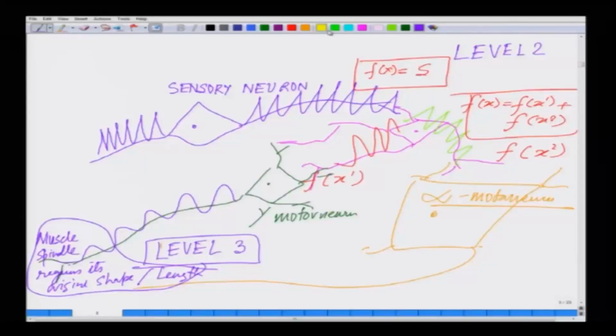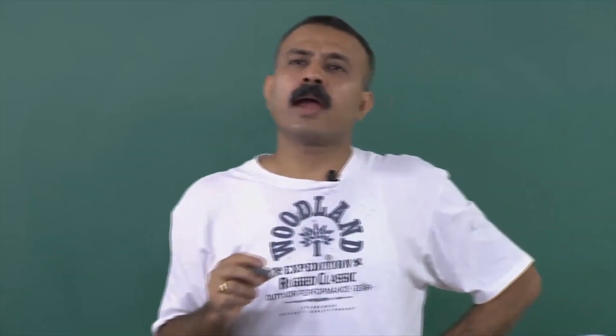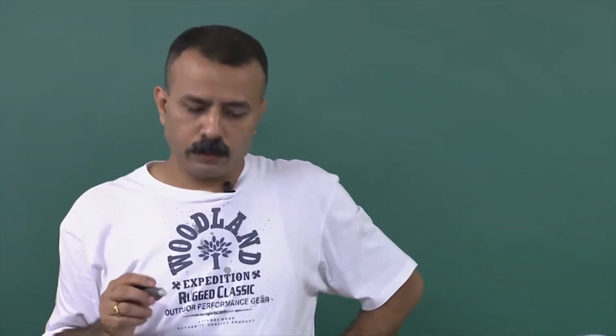So, now we will talk in greater detail about this particular part of the circuit, where the alpha motor neuron is communicating its information to the extrafusal fiber, and this it does at the neuromuscular junction. Okay.